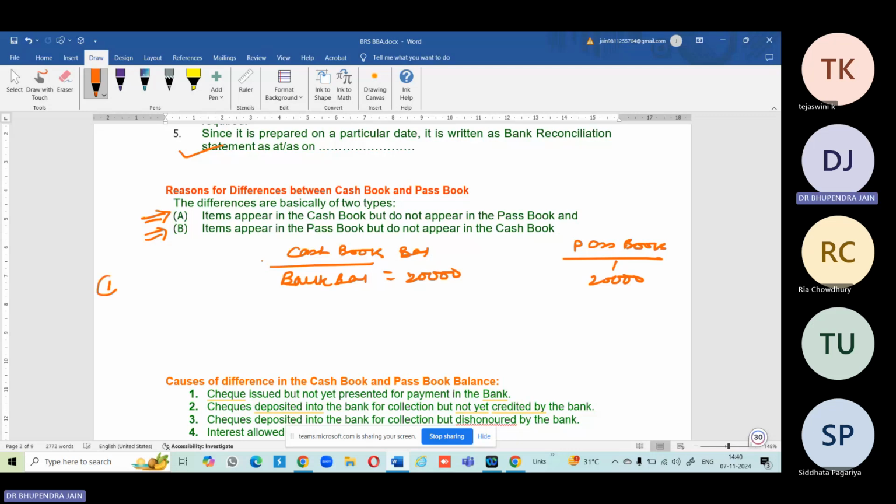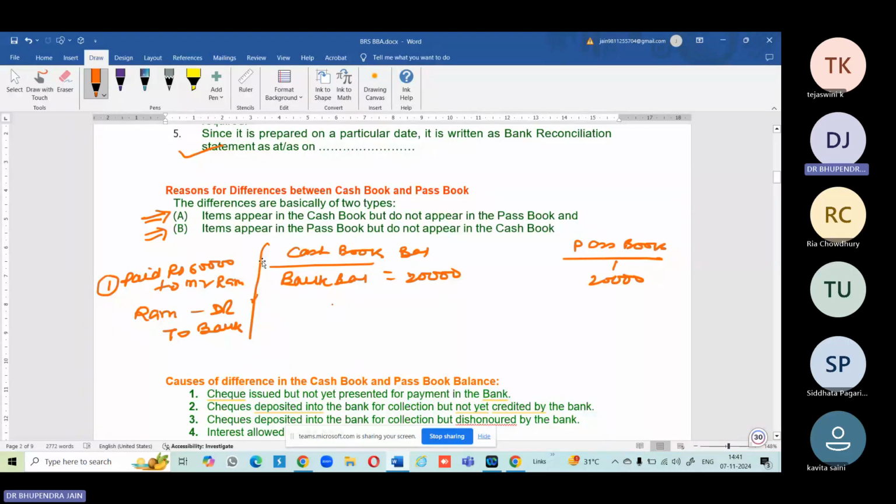Now the entry is paid rupees 60,000 to Mr. Ram. Whenever you pay the amount to Mr. Ram, definitely you have to pass the entry in the books of account. So what will the entry be? The entry will be Ram account debit to bank. Because the amount is more than rupees 10,000, you cannot make the payment in the form of cash. You have to make the payment through bank.